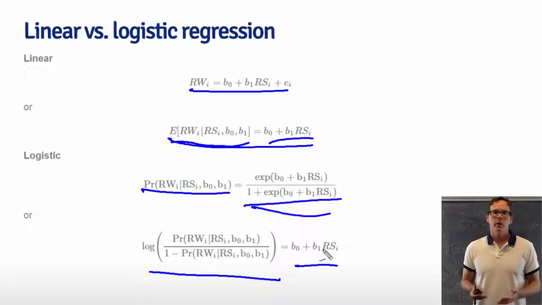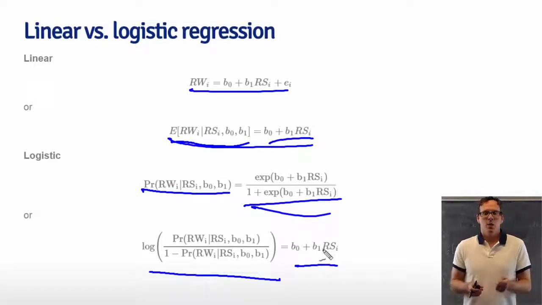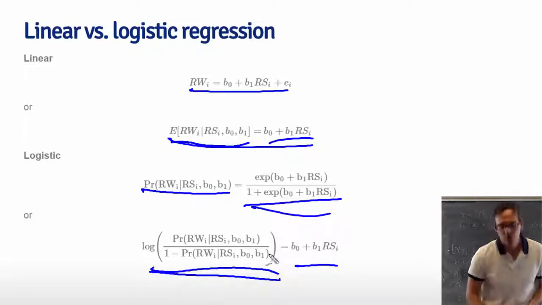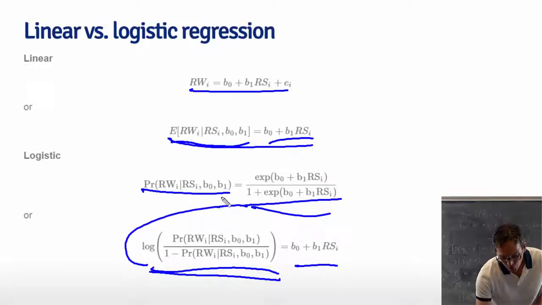So what we're doing in binary generalized linear models, in logistic regression, is modeling our data as if it was a bunch of coin flips where the success probability changes with i, and we're relating that success probability to our regressors by taking the log of the odds of that probability. So you can go backwards. This is the log of the odds. You can go backwards to the probability using this equation up here.